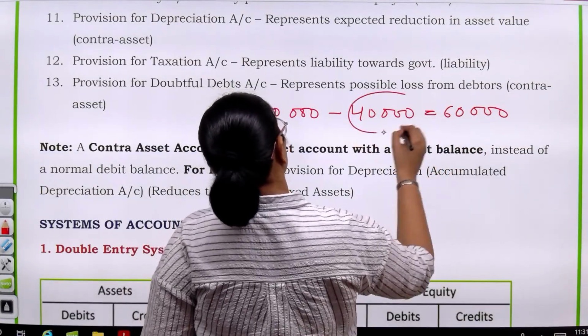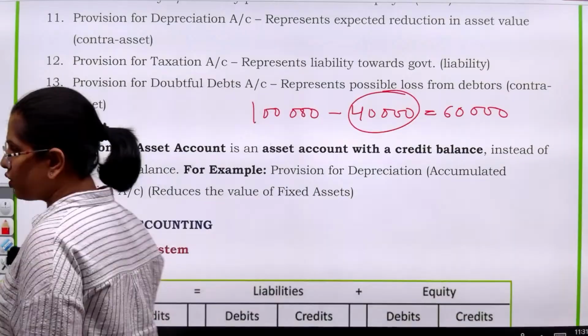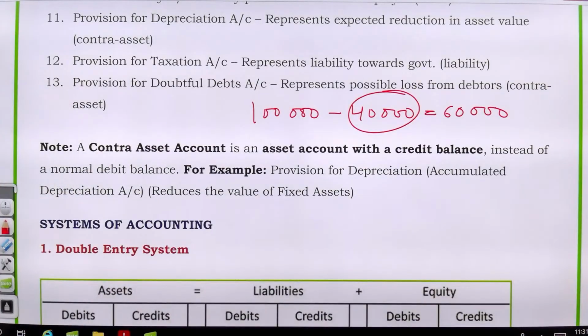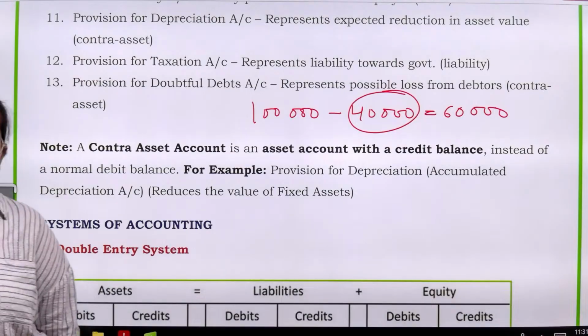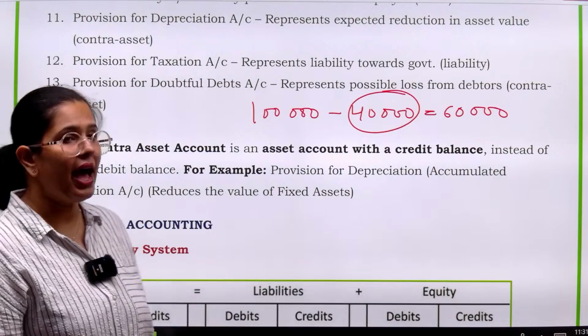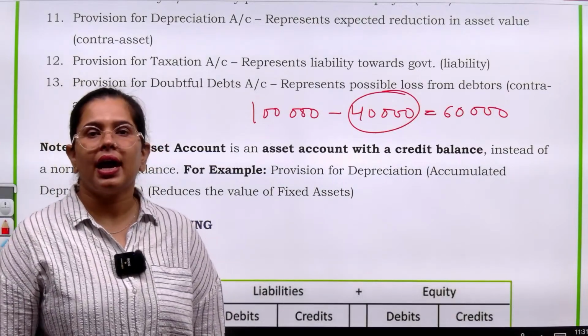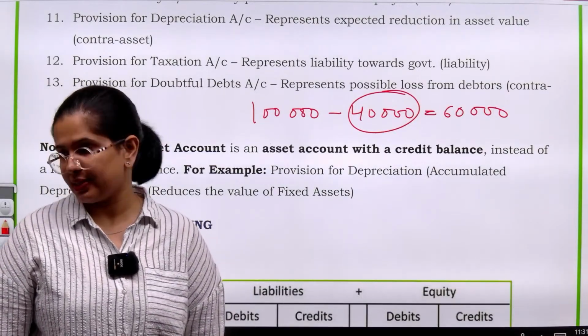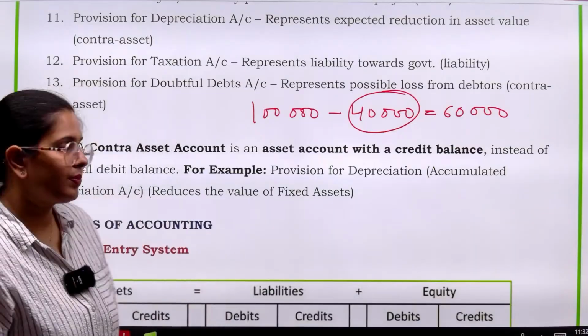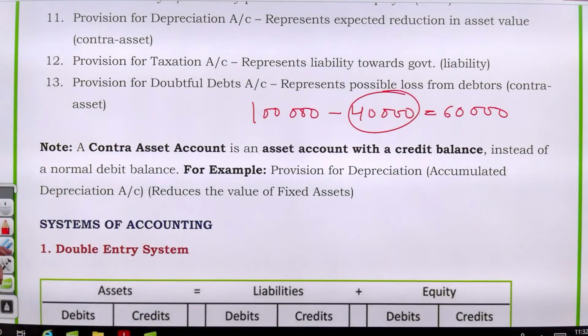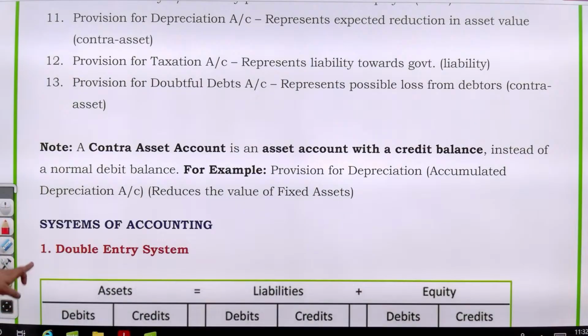So this provision for depreciation is actually an asset with negative value. क्या है ये? Asset with negative value. So that is why it is called a contra asset. ठीक है, इसको हम क्या कहते हैं? Contra asset. ठीक है, नेचर क्या आएगा? It's a representative kind of account.